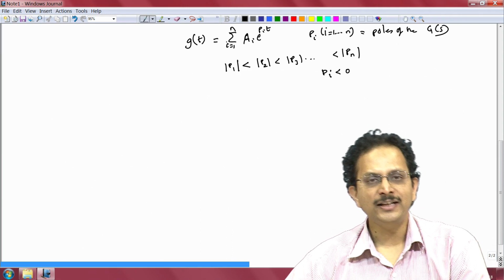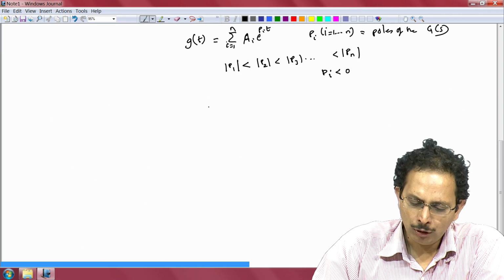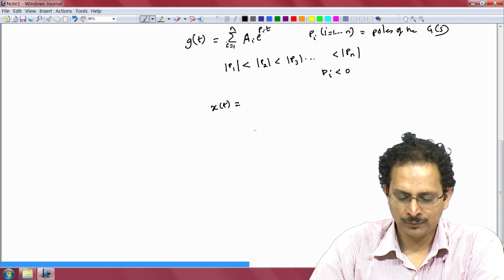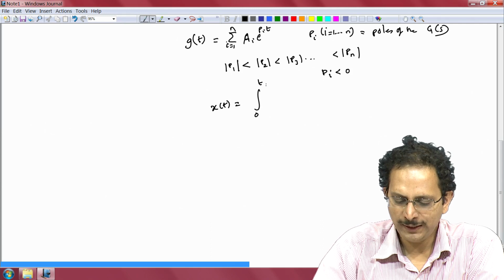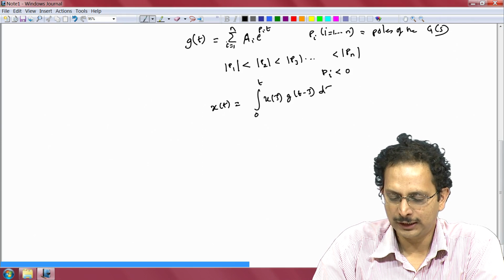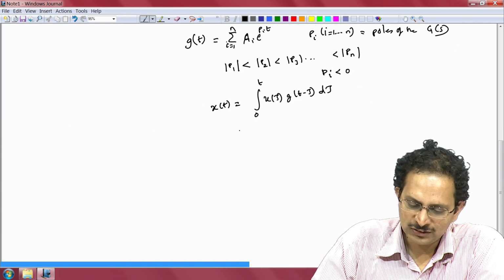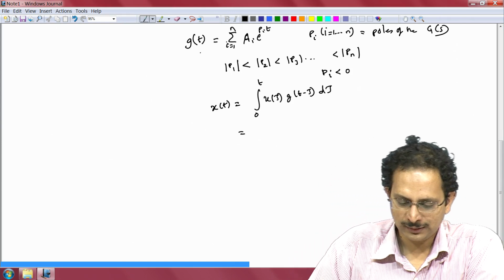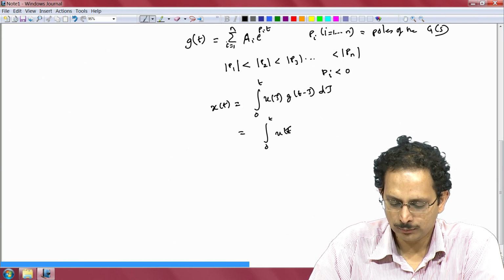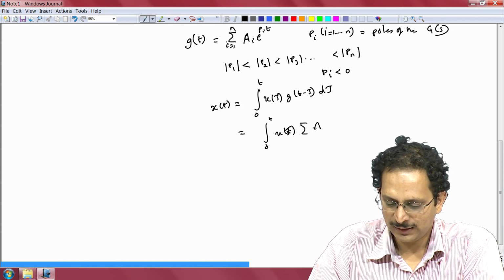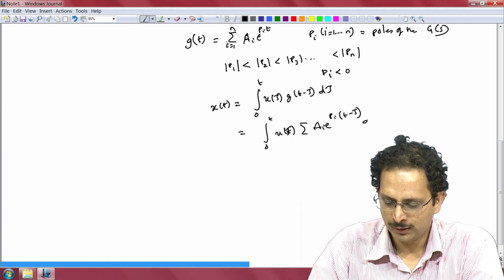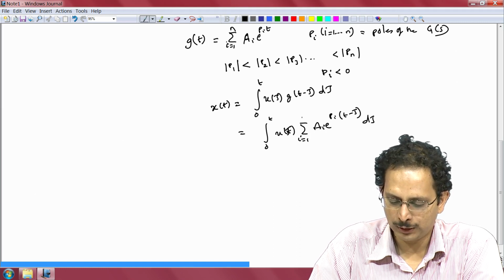Now, if we can arrange this in this manner, then we know that our response x of t in the time domain is given by integral 0 to t u of tau g of t minus tau d tau, and that is going to be equal to, from the expression here, integral 0 to t u of tau sigma a_i e to the power p_i times (t minus tau) d tau, where i goes from 1 to n.